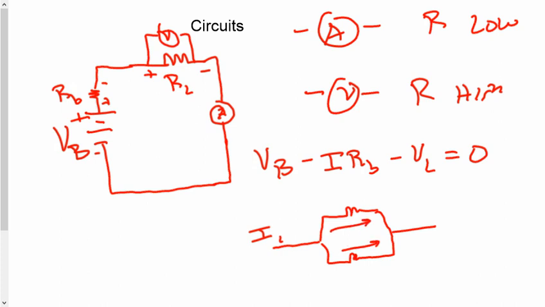Let's call this one current 2, and this one current 3. According to Kirchhoff's rules, that I1 coming in must equal I2 plus I3. So think of Kirchhoff's rules just as conservation of energy as applied to circuits. Okay, and that's it for this movie. One more movie coming up.